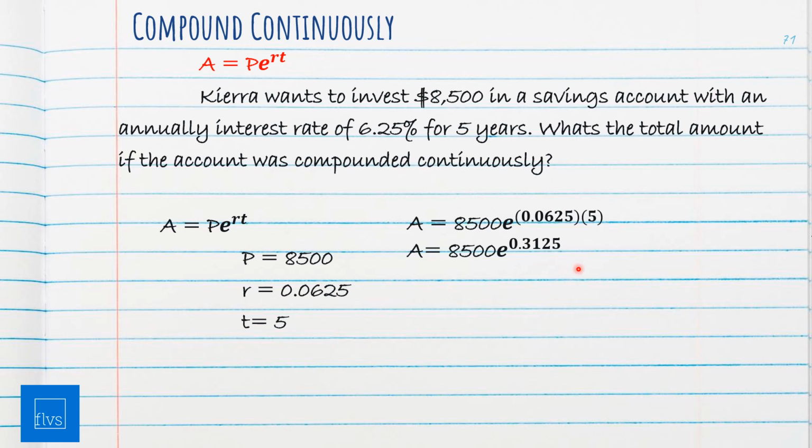So you're going to take your calculator and on most of them, type in this number first and then E. It'll give you a number. Then you multiply it by the 8,500. So when we take E to the power of 0.3125, we get 1.36684. We're going to multiply that by 8,500. We get 11,618.12.